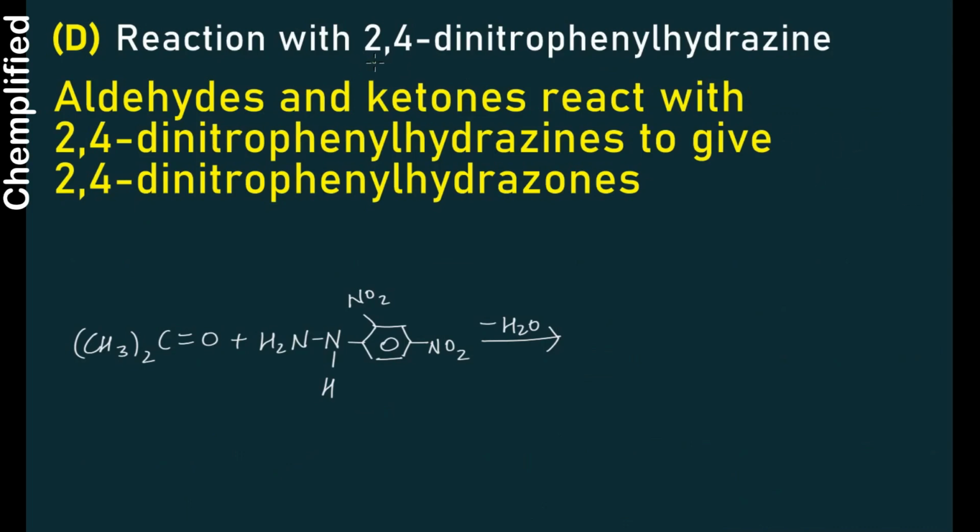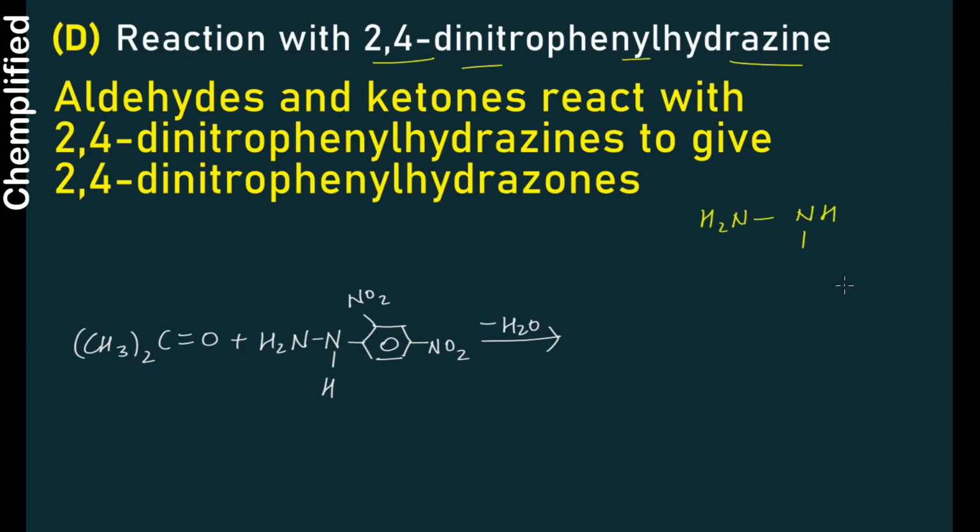Reaction with 2,4-dinitrophenylhydrazine. Now let me first write the name of phenylhydrazine. The formula for phenylhydrazine is like this: C6H5. Now what is this C6H5? The C6H5 is a phenyl ring.